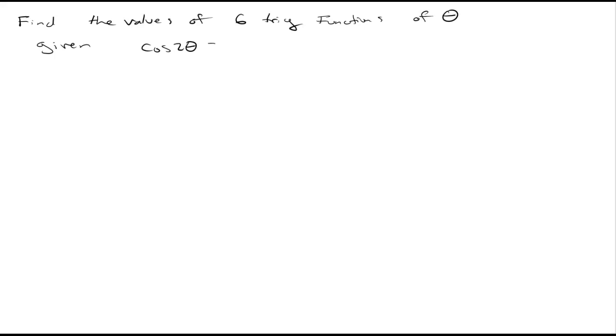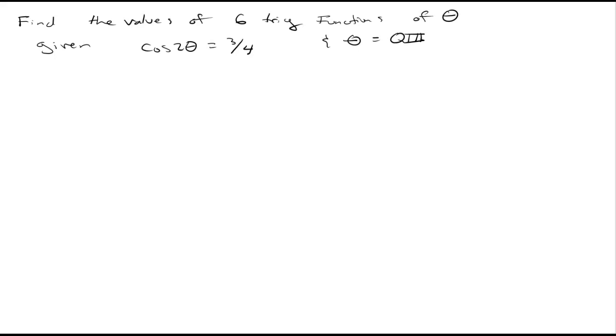Cosine of 2 theta is equal to 3 over 4, and that theta is in quadrant 3. And if you want to pause the video and try this first on your own, it's perfectly fine.